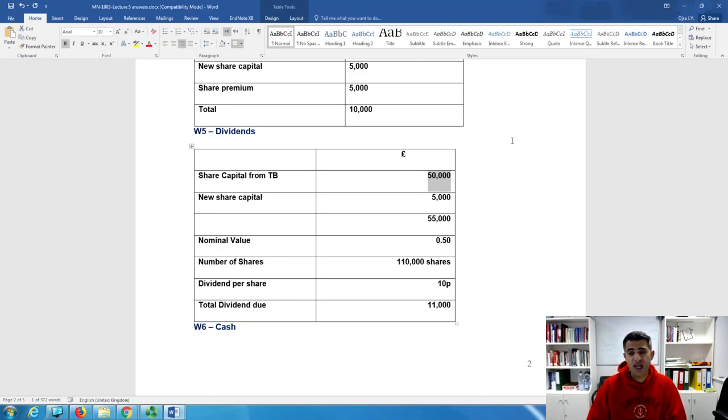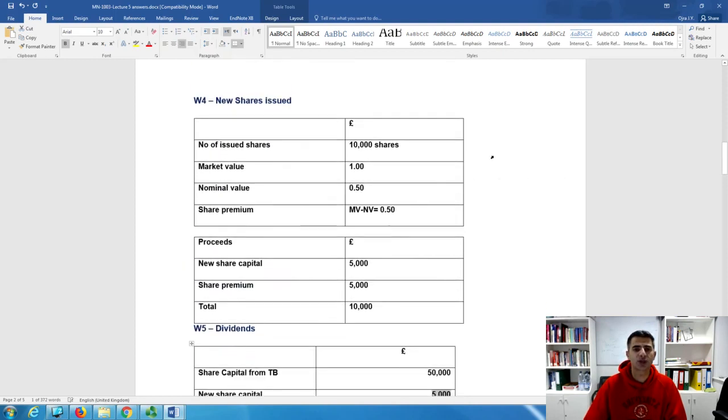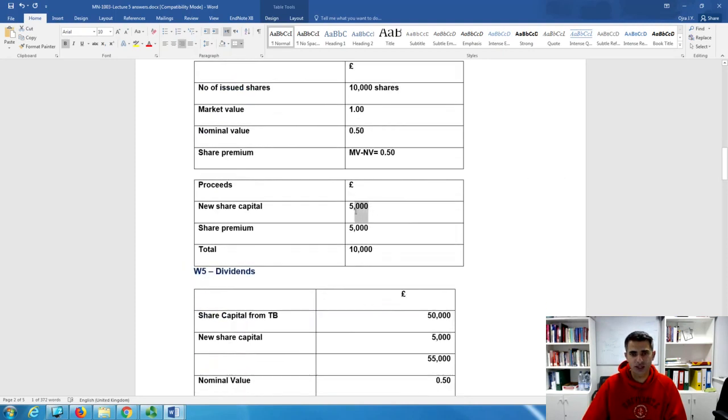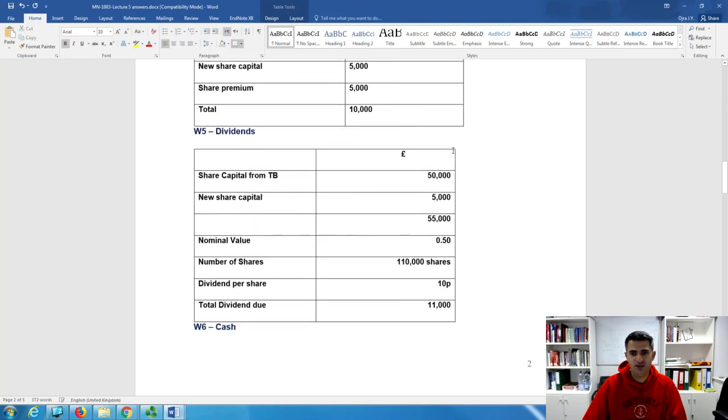If you add on top of it £5,000, which is the new share capital we calculated in working 4, that equals £55,000. So the share capital equals £55,000. We need to find the number of shares.